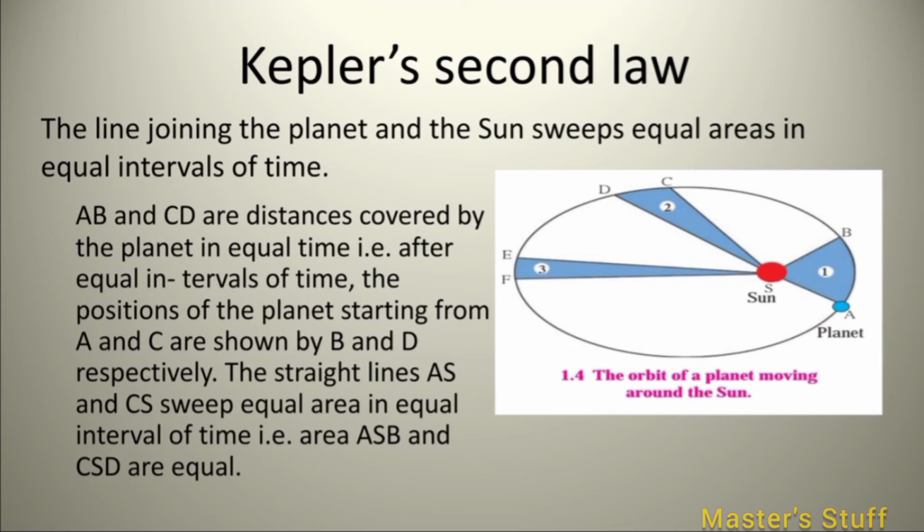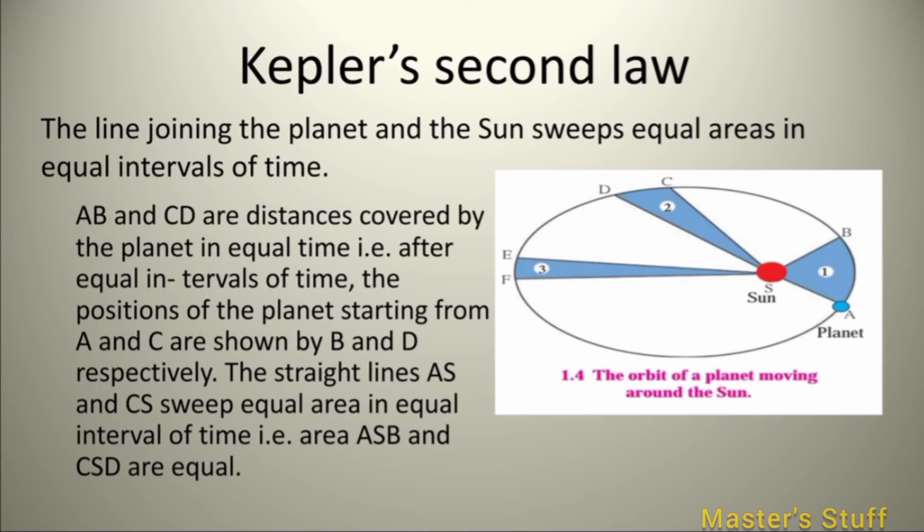are equal. Because of the elliptical orbit of the planet, the distance between the sun and the different points on the orbit differs, but the area covered at a particular time remains constant.